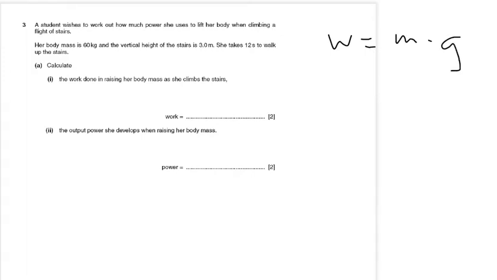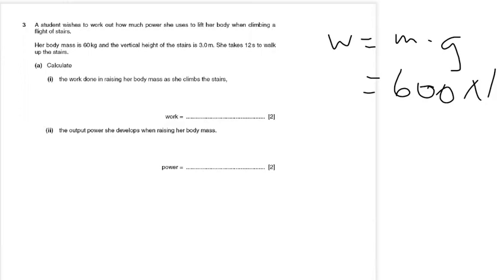Now we used g equal to 10 meters per second squared, so we have 60 times 10, 600 newtons is going to be her weight. So she takes 12 seconds to walk up the stairs.